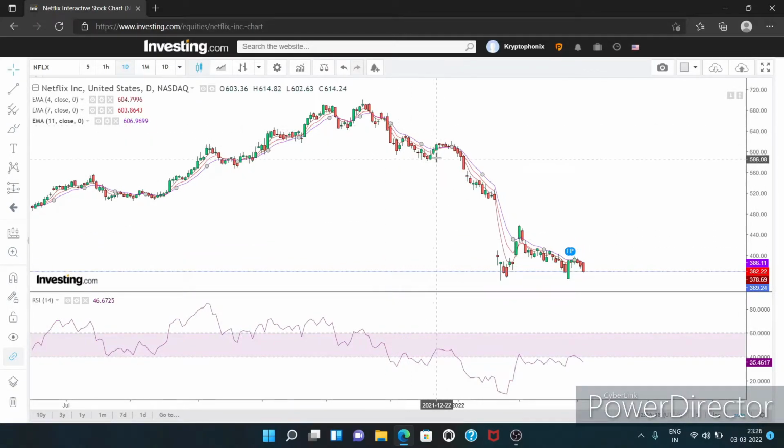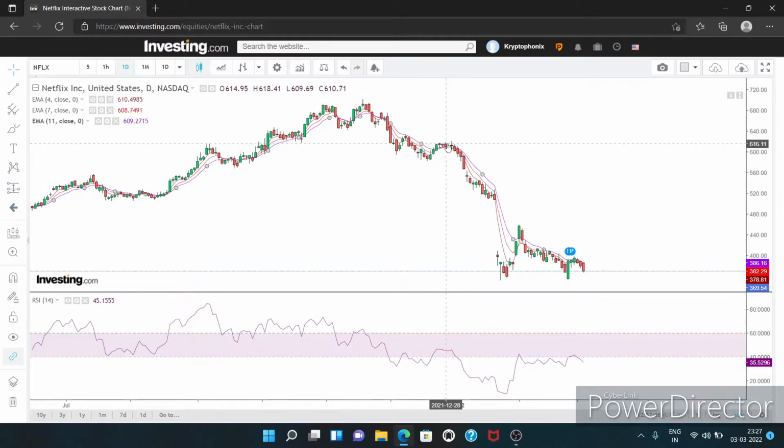Okay, so let's look over here. If we look over this point right in front of us, after the crossover, a massive downfall was seen. So what does this crossover signify? This is a sell signal. How will a sell signal be generated? The 11 EMA right here is below the 7 EMA and 7 EMA is right below the 4 EMA.